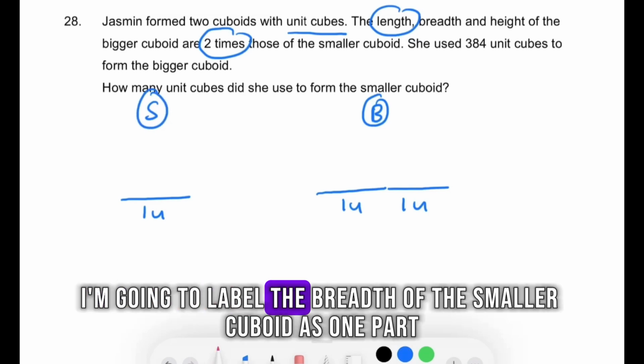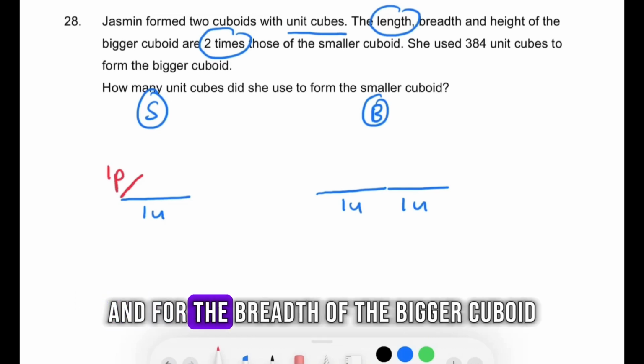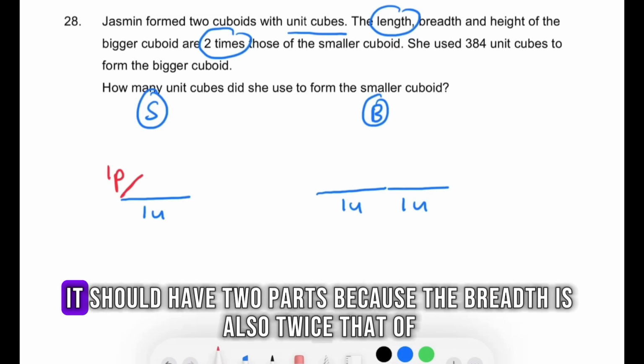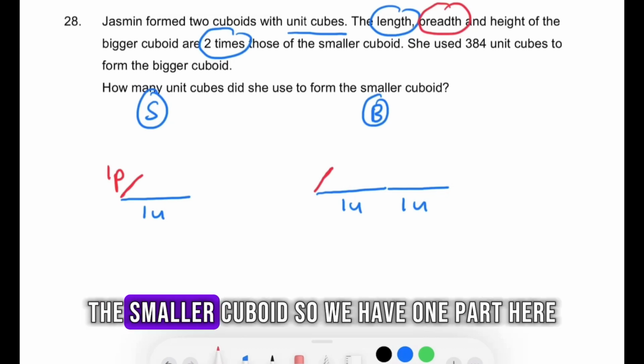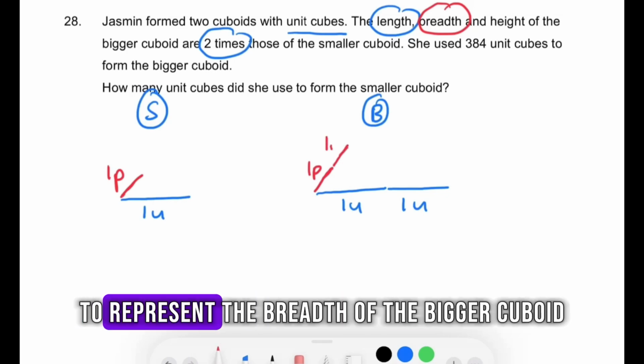Next, I'm going to label the breadth of the smaller cuboid as 1 part. And for the breadth of the bigger cuboid, it should have 2 parts because the breadth is also twice that of the smaller cuboid. So we have 1 part here and then another 1 part here to represent the breadth of the bigger cuboid.